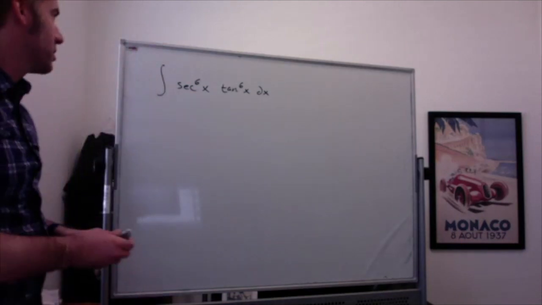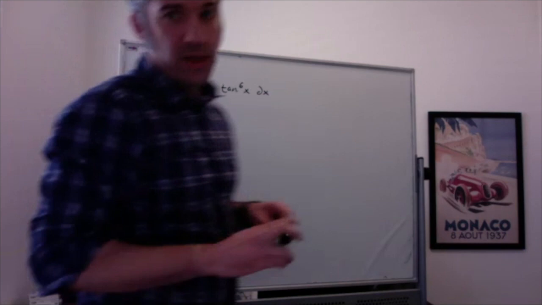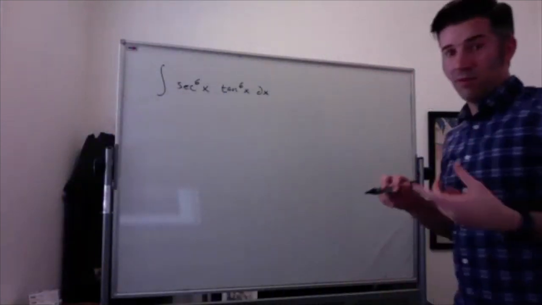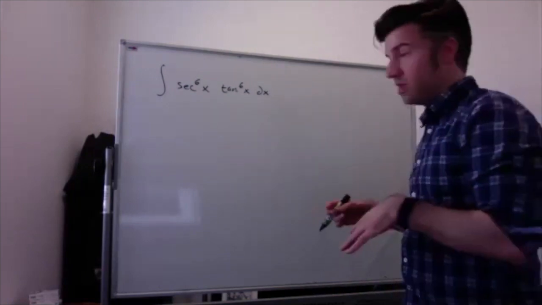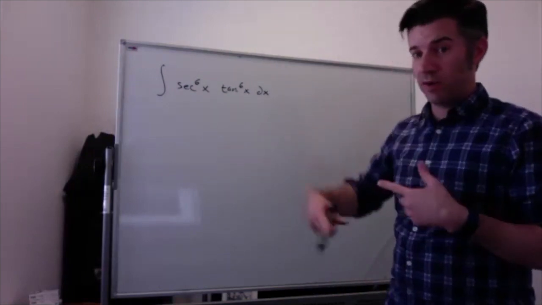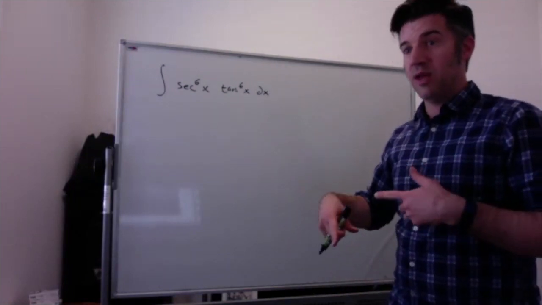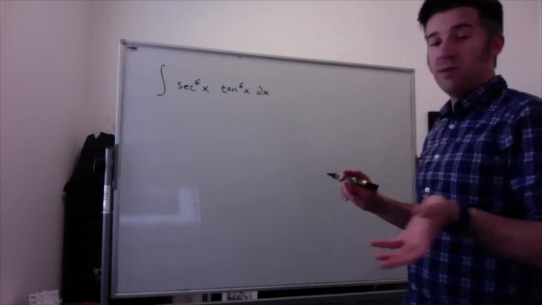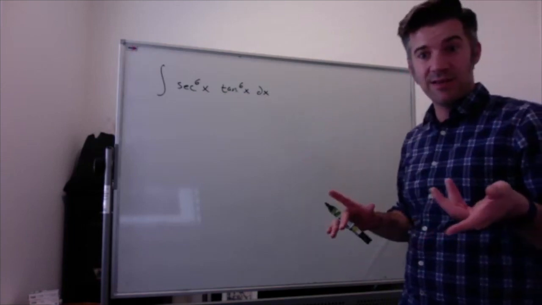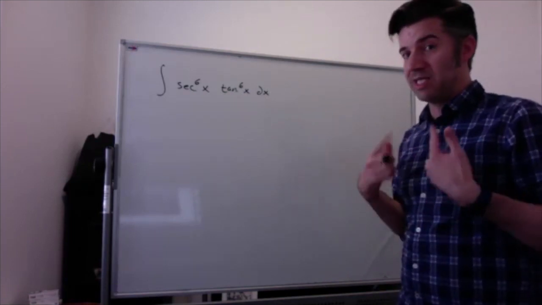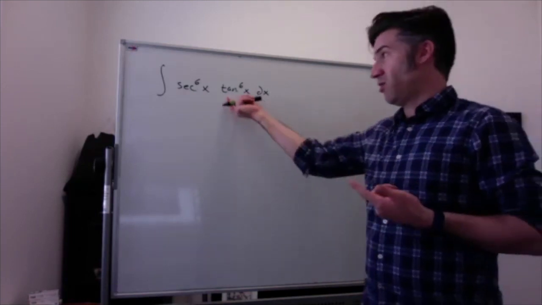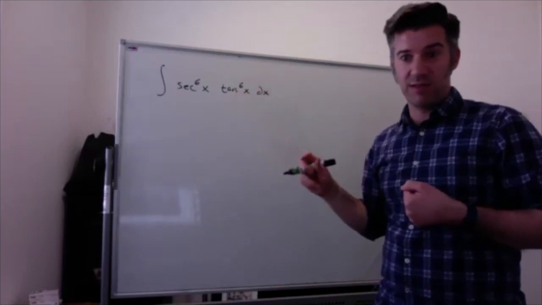All right, so we have to pick a u, and again, we want to make the u choice so that after we find du and take that part out, the non-u trig function should have an even amount left over. So I don't want to pick u equal to secant, because then my du is secant tangent, and after I take away one tangent, I'll have an odd number of tangents left over.